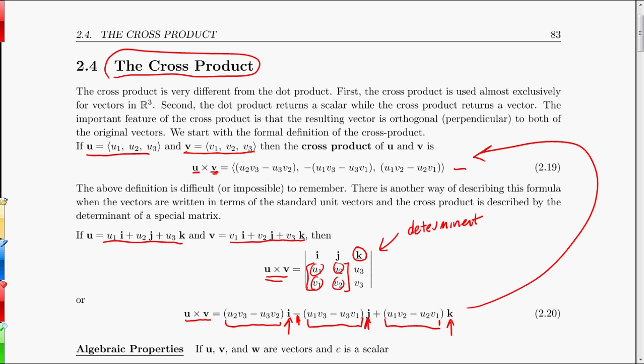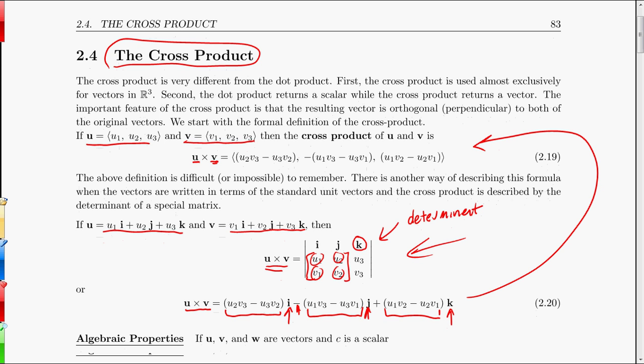Right? So it's sort of easier to do this cross product when you use the ijk form of the vectors, but that's really just so that you don't have to memorize this formula. Memorizing that formula is fairly brutal. But if you already know how to take a determinant of a 3x3, this is not such a bad way to remember that formula.